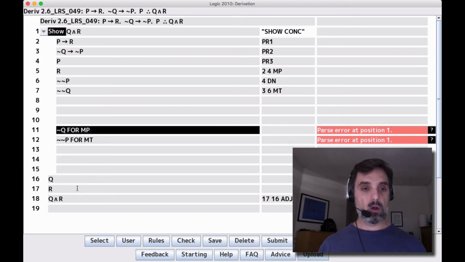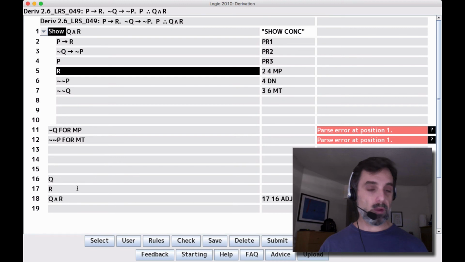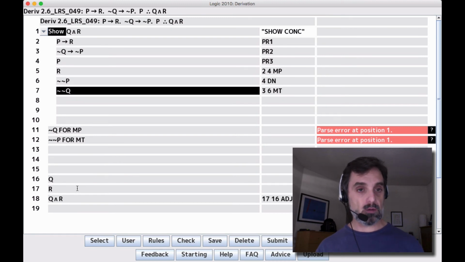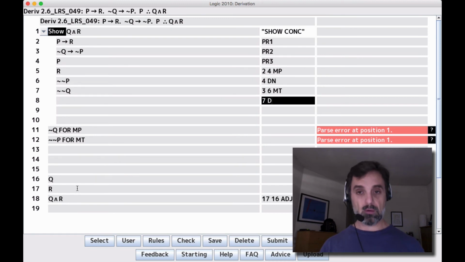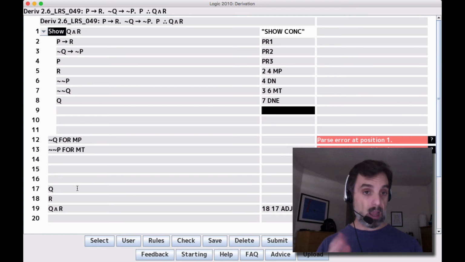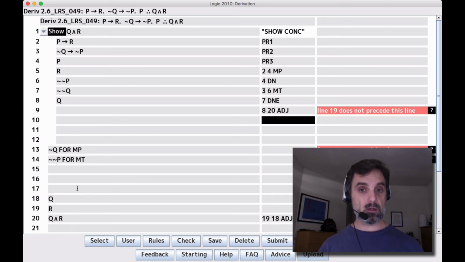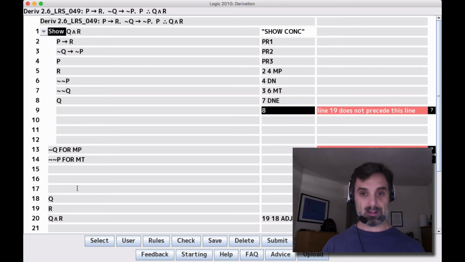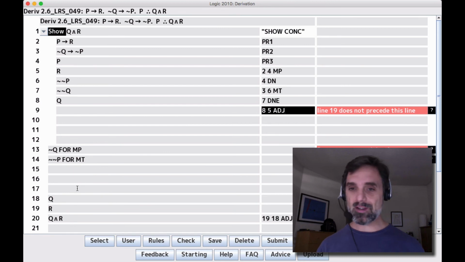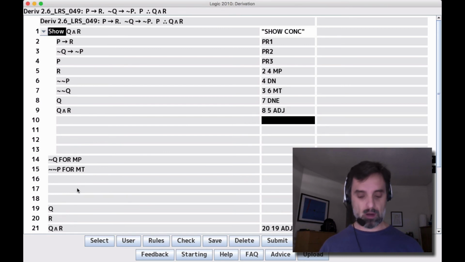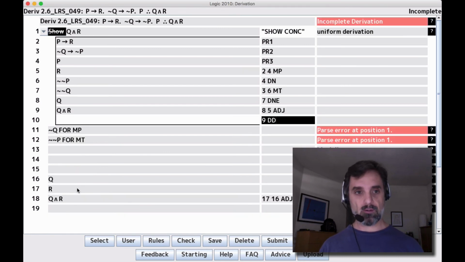So can we get Q and R? Well, we have R, and here we have not Q, and we can get Q from not Q. We can apply double negation elimination, and now we have the two things that we need to make the conjunction. So we can say 8 and 5 adjoin, and we get Q and R. That's the conclusion, and that's what we want for direct derivation.